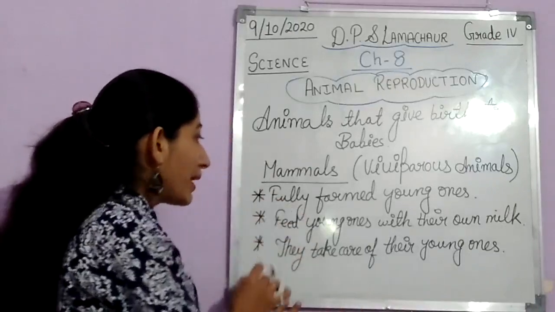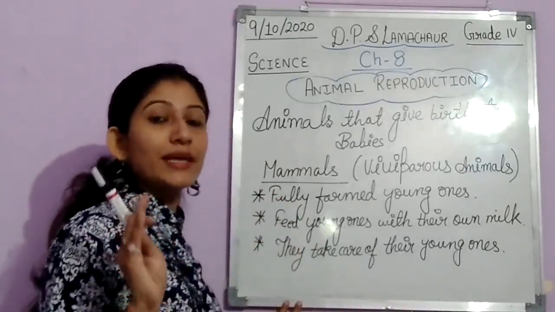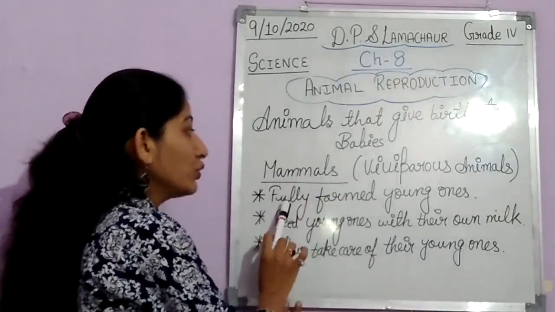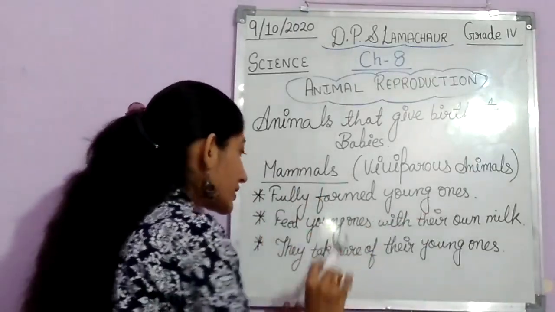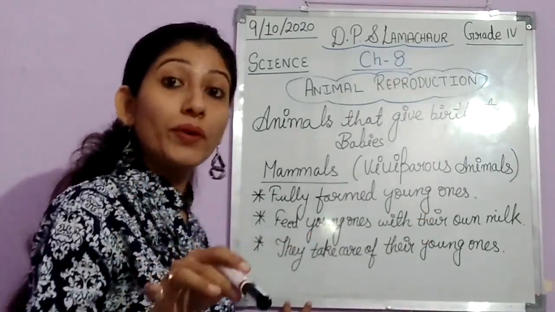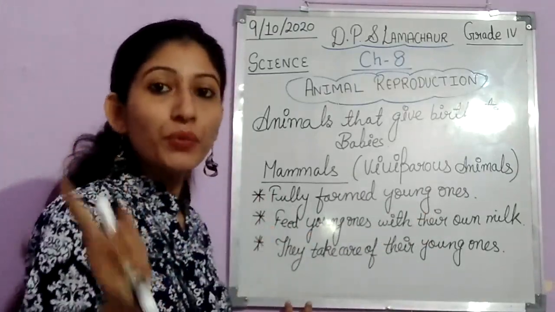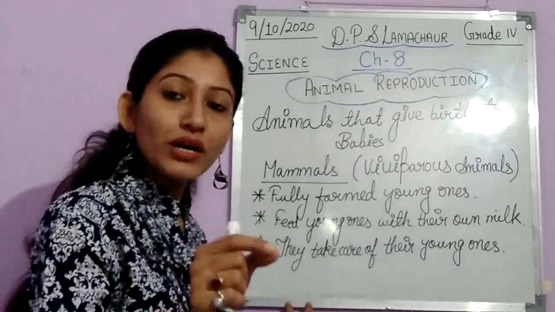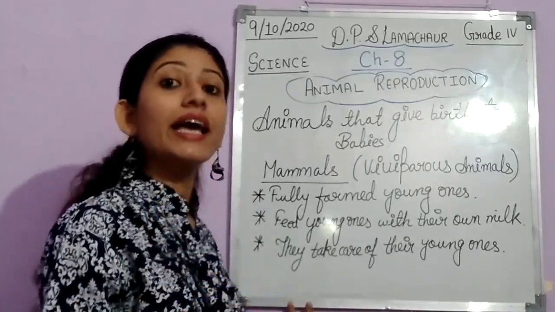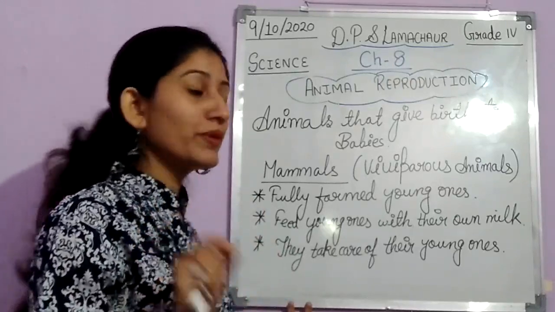Then about mammals we have discussed some important things like mammals give birth to fully formed young ones. They feed their young ones with their own milk, but human beings also come under the mammals, so they feed their young ones with their milk as well as with cow's milk.